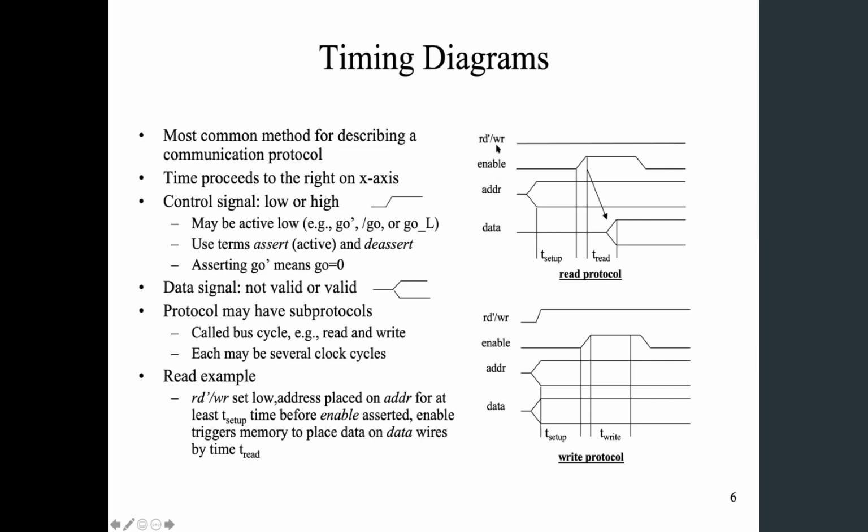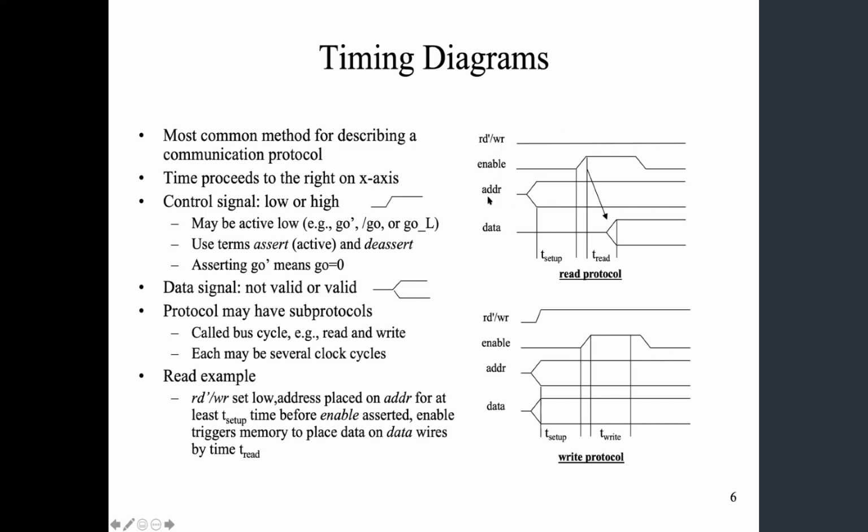And for the control signals, you often see a single line, and this line will stay at low or go to high. Like in this example, enable, you stay at low, and then the voltage is raised to high at some point, and lowered to low level.